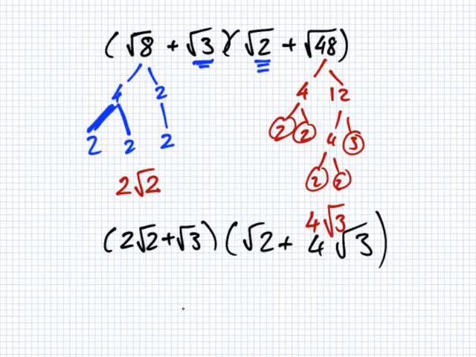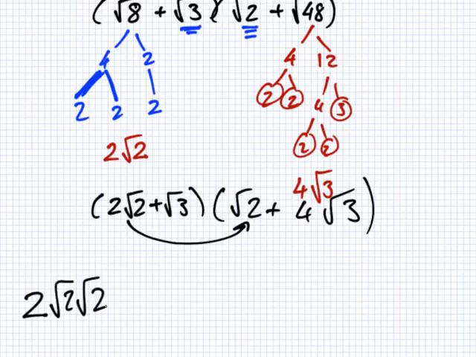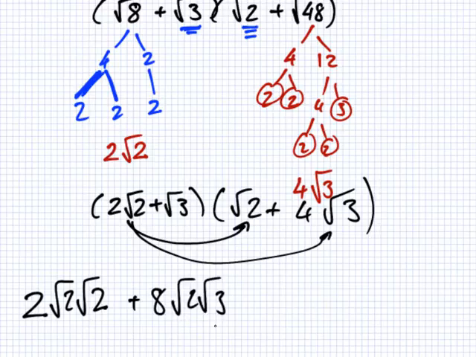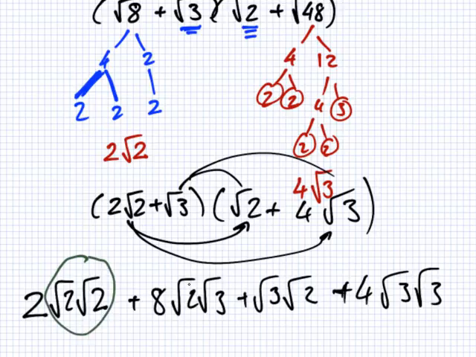And we just multiply like normal. So this one multiplies. That would be 2 times root 2 root 2. And then this one here would be 8 root 2 root 3, 2 times 4 and root 2 times root 3. Then this one would be root 3 root 2. And then the last one would be 4 root 3 root 3. But this one simplifies and this one simplifies.